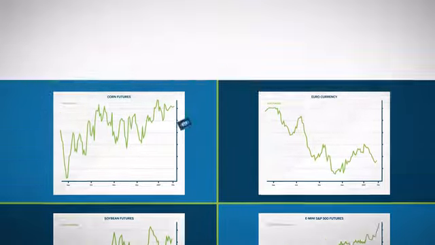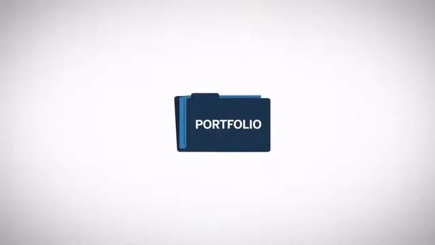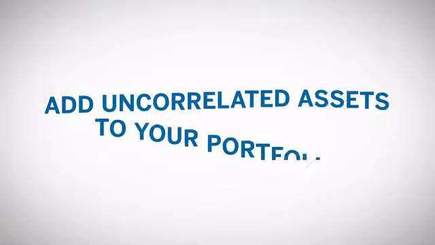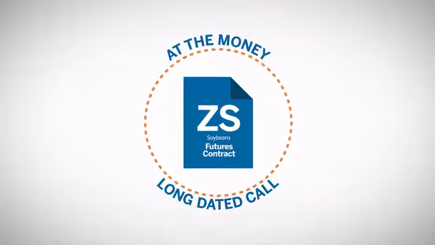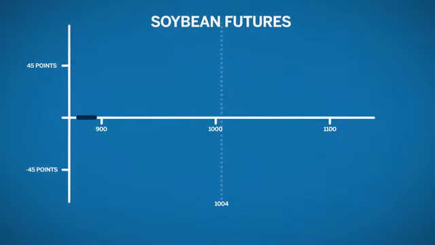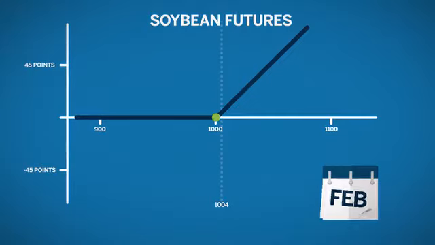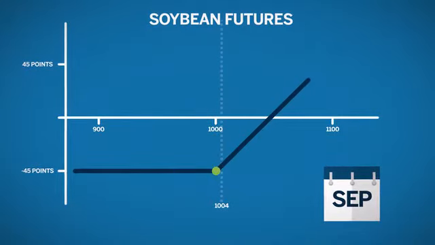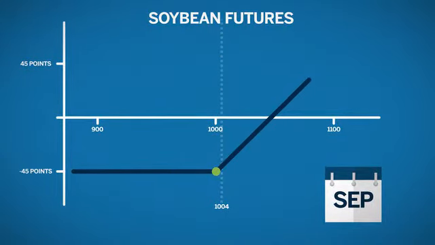For example, a trader who holds mainly equities could look at an uncorrelated market to add diversification to their portfolio. They could buy an at-the-money long-dated call in soybeans, ZS, if they think that the soybean market will increase over time. If soybeans are trading around 1,004, a trader could buy a 1,000 call with an expiry in 7 months for around 45 points, using the at-the-money contract.